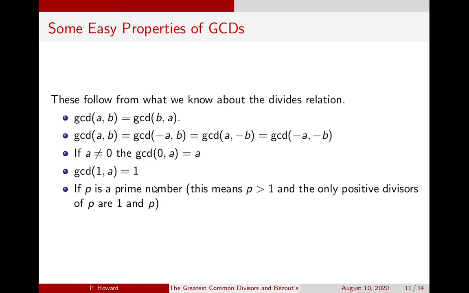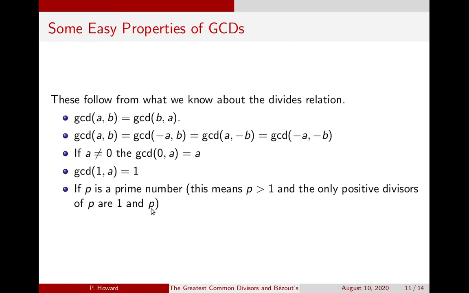Fact number 5, if P is a prime number, here's the definition of prime number. This is something you probably know at this point. P, a prime number, means P is greater than 1, and the only positive divisors of P are 1 and P. So greater than 1 and only two positive divisors, 1 and itself.